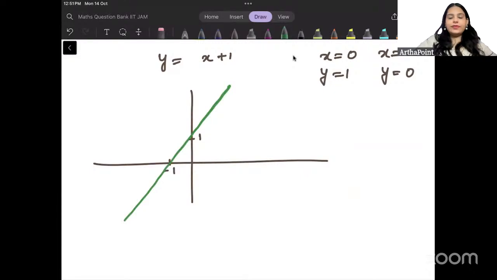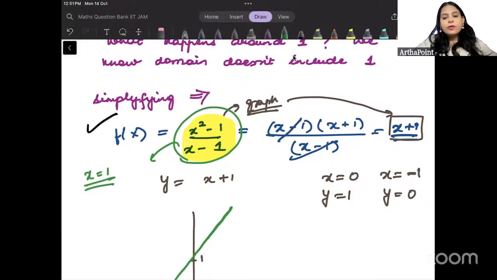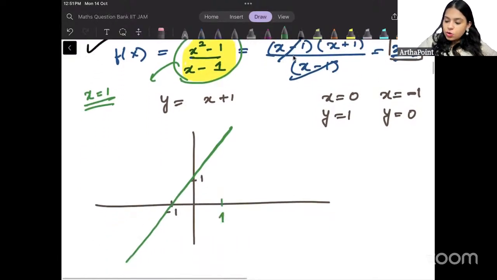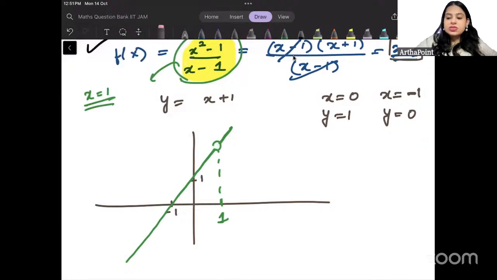But there is just one difference, that this function is not defined when x is 1, right? When x is 1, it is in the p by q form where q is becoming equal to 0. So at x equal to 1, I need to draw an open circle representing that at this point, this is not defined. And if I really put x equal to 1 here, what do I get?